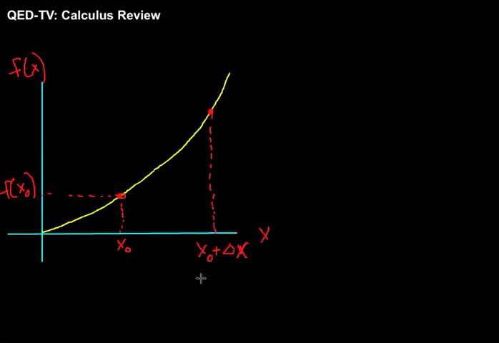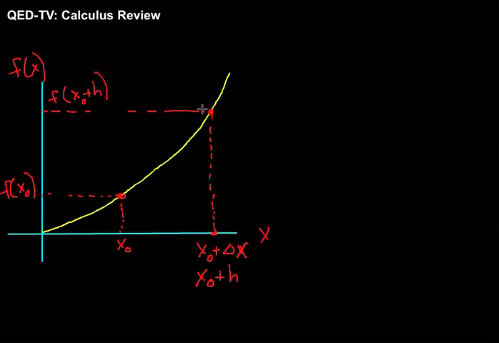In my case right now, I'm going to use x naught plus h, for Herman. So I'm going to have x naught plus a little bit more, h distance down this x-axis. So this point right here is x naught plus h. And what would the y value be up here? Well, it'd be the function at x naught plus h.